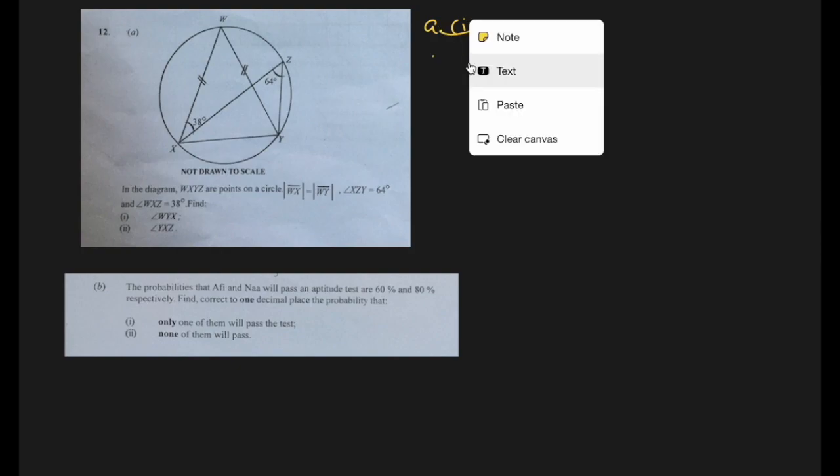Okay, so part 1. Let me try to explain how I am going to do this one. This is an isosceles triangle, right? This is 64 degrees. This will also be 64 degrees because they are the angles from the same chord on the circumference on the same side, same segment. This is 64, this is 64. Now we know that in an isosceles triangle, if this angle is 64, the other two angles, let's call them x, will be equal because in an isosceles triangle base angles are equal.